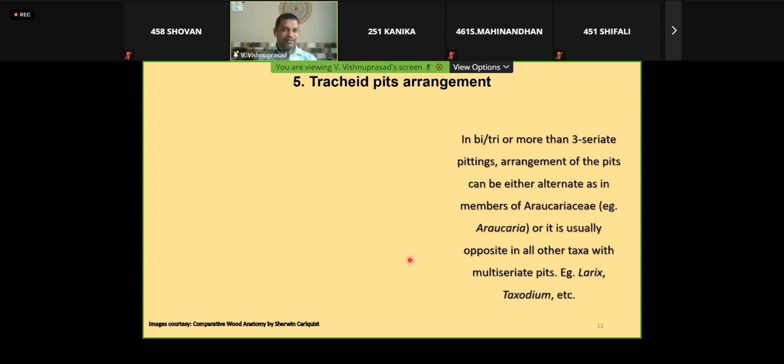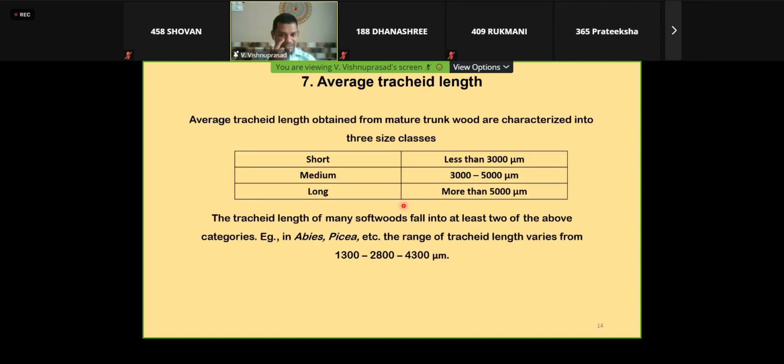So that's how you measure any quantitative feature in a wood. You take a lot of readings, because statistically, the more readings you take, the more you are minimizing the error which can be possible. So all these points have to be taken into account. So this is the other feature, that is average tracheid length in a softwood. Okay.